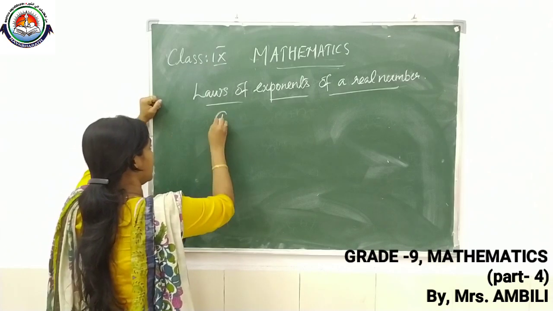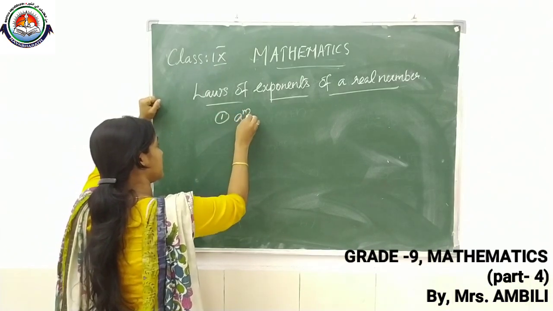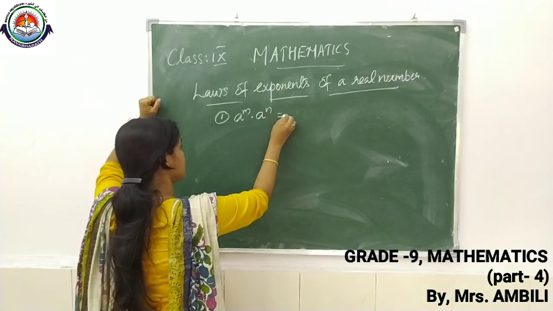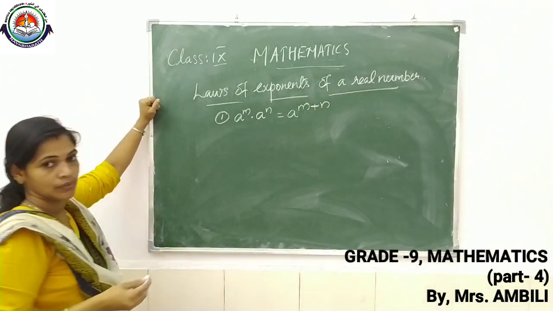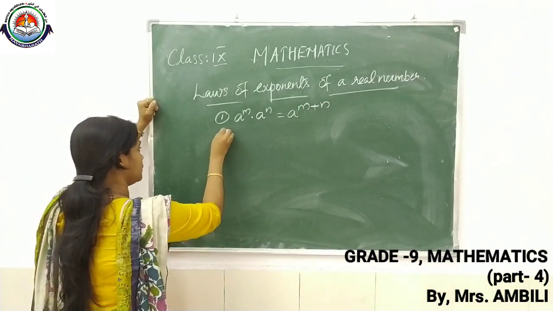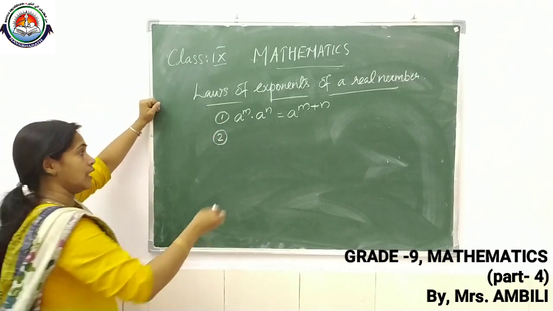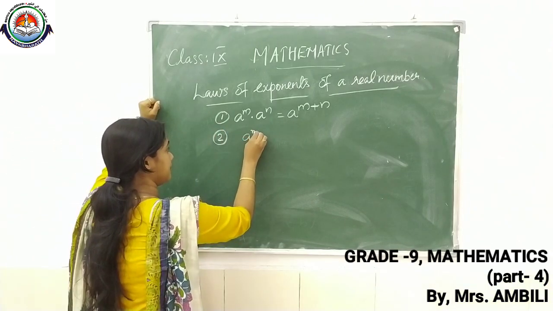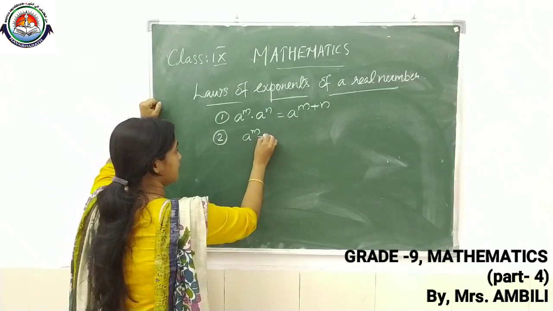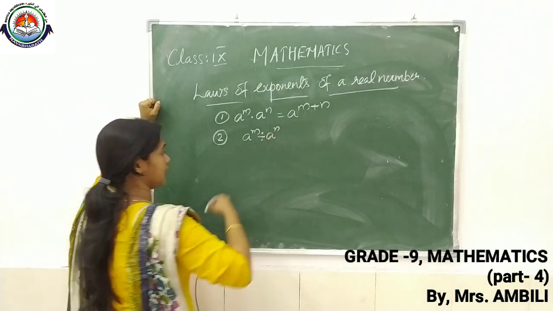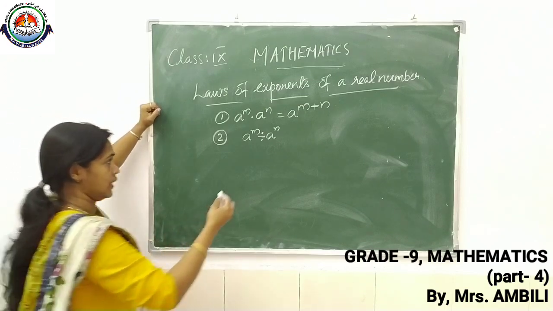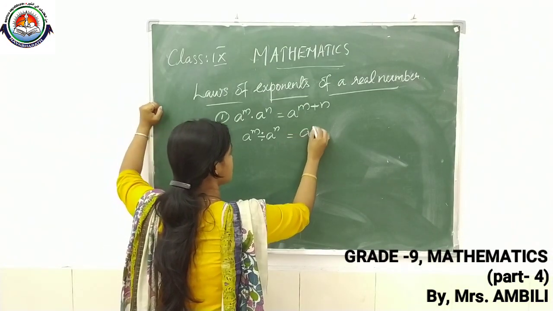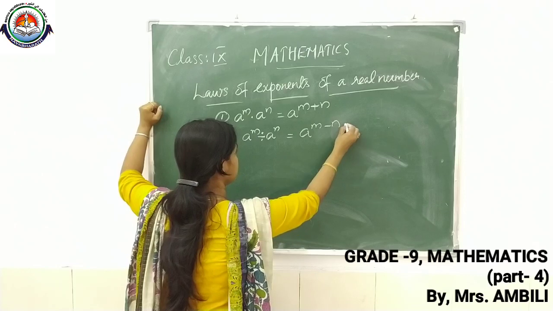That is, first one, a raised to m into a raised to n is equal to a raised to m plus n. Okay, second one, a raised to m divided by a raised to n, or a raised to m by a raised to n, we can write a raised to m minus n.